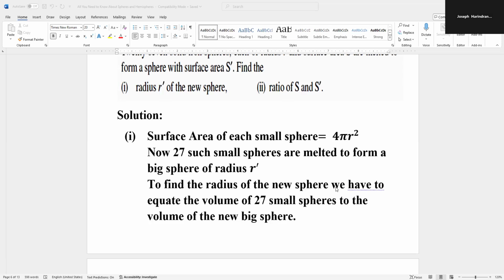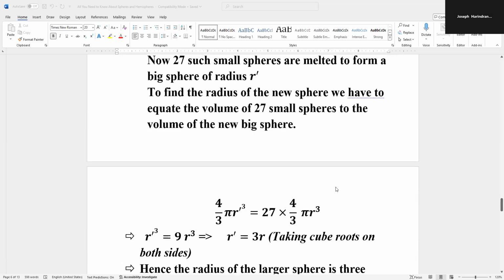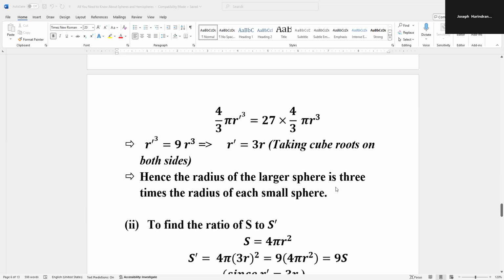New big sphere is the one which is formed by melting these 27 small spheres. We have this equation: 4 by 3 pi r dash cubed is equal to 27 times 4 by 3 pi r cubed. The 4 by 3 pi gets cancelled on both sides of the equation.